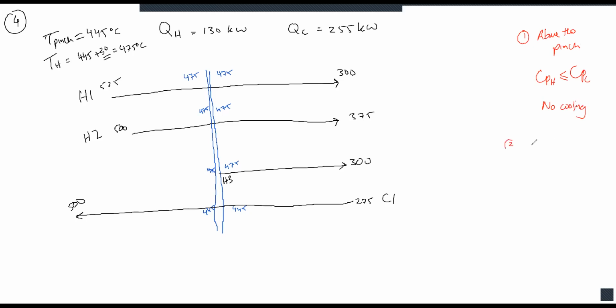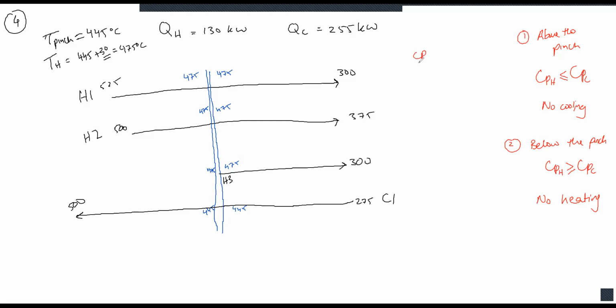And below the pinch, CP hot has to be greater than CP cold, and there is no heat. Okay, so before starting to match these streams, let's write our CP values. Let's write all these numbers, which will help make this situation easier.